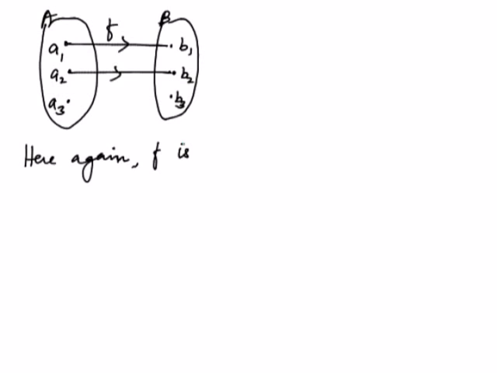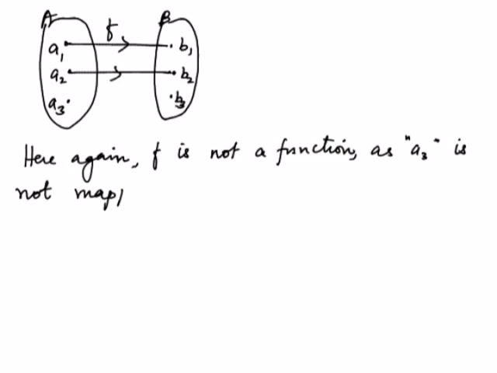Is this a function? No, here again it is not a function as a3 does not have an image. So we have seen the situations wherein a relation is not a function.